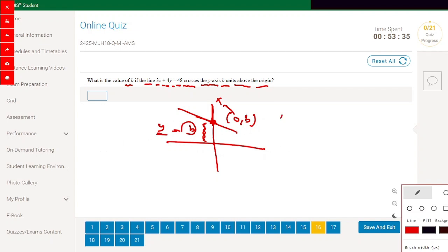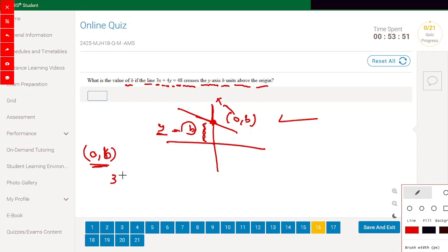So that means we got the point now. We have 0 and b, and the line crosses this point. So we will substitute this point in the equation.